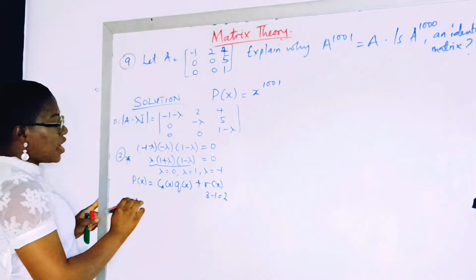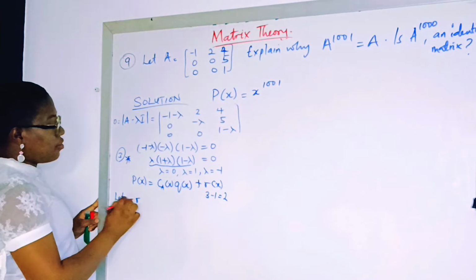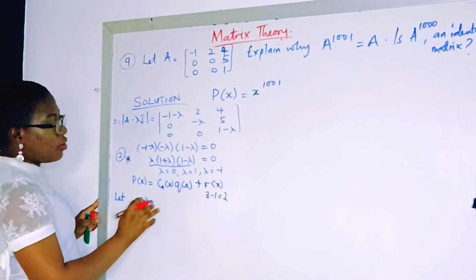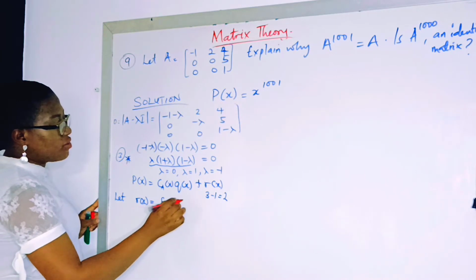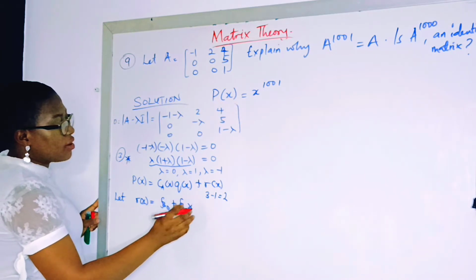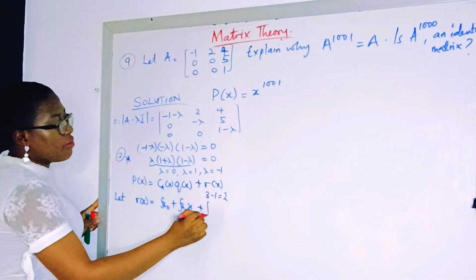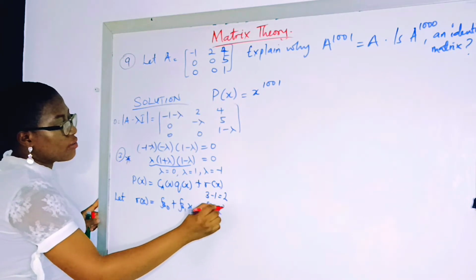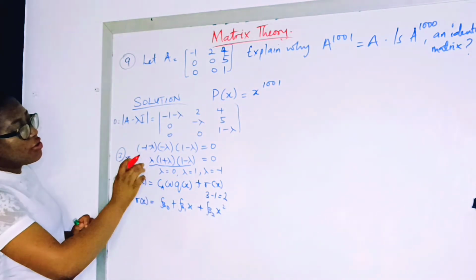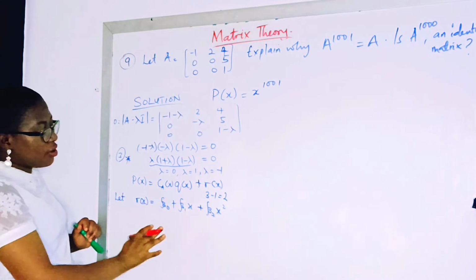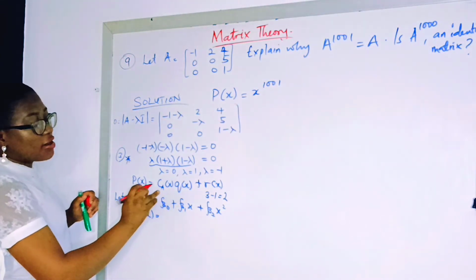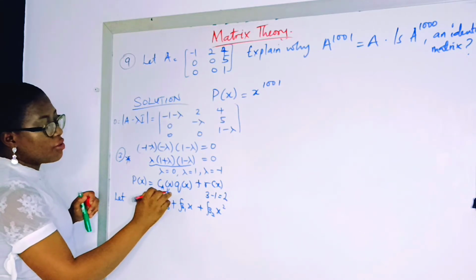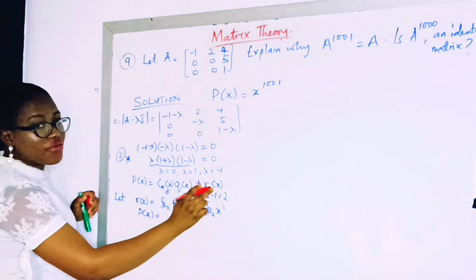So we can let r of x be equal to beta naught plus beta 1 times x plus beta 2 times x squared. We can now substitute each of these roots. Because the characteristic equation gives 0, p of x is equal to r of x.